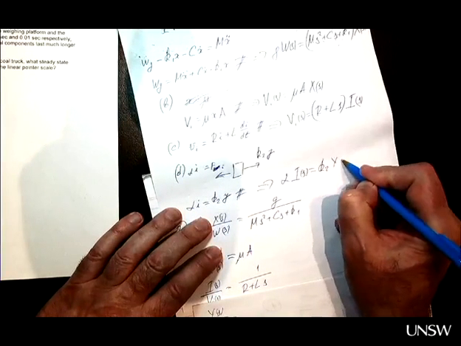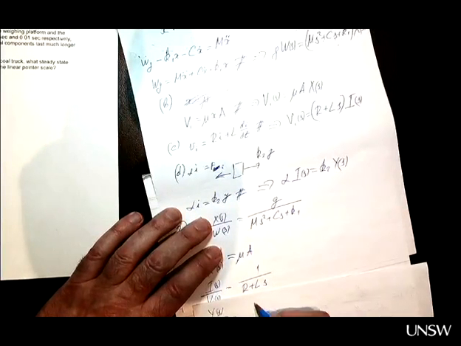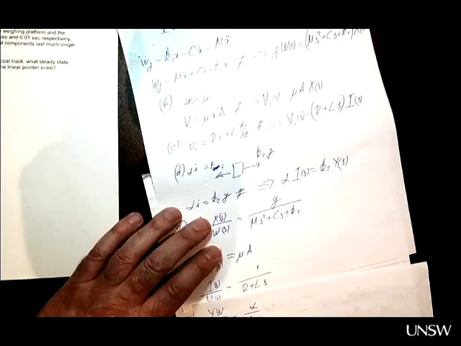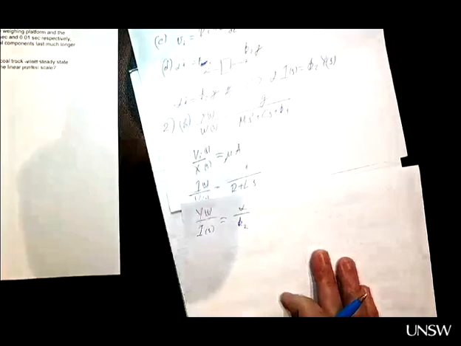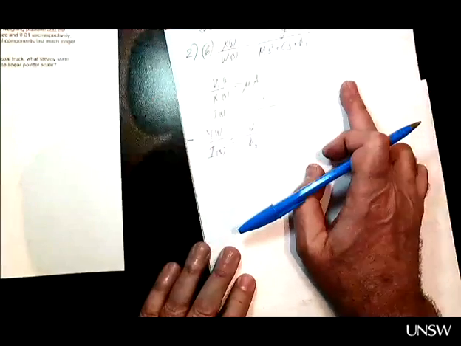Y over I will give us alpha over k2. Sorry, we are still going to need this. Okay, so far so good. No drama.